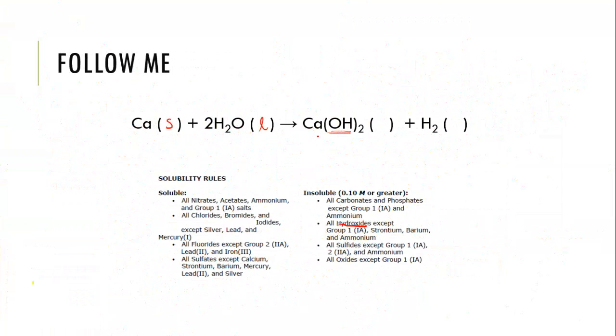Well, calcium, if you look on your table, sorry for the dog interruption, is in group 2A. And so it is not going to be one of our exceptions. It's going to stay over here in insoluble, which means that'll be solid. And hydrogen, what do we do with it? Well, it's elemental, so we're going to put G for gas.